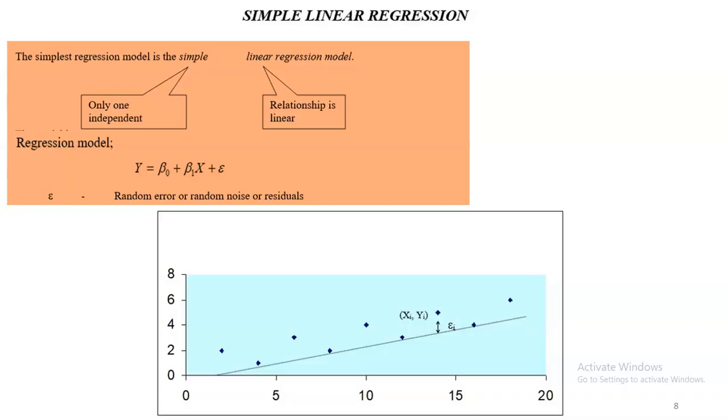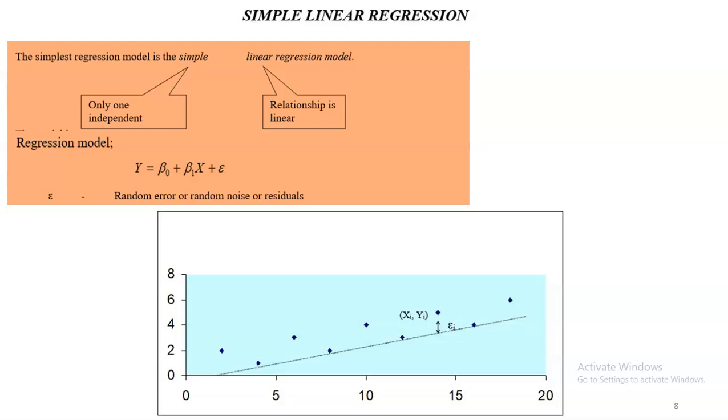In this figure you can easily see what I meant by the residual error. Certain points lie on the line itself, but certain points are located a little bit away from the line.